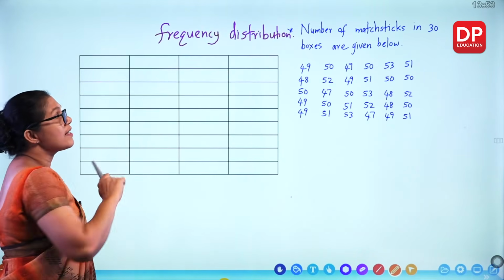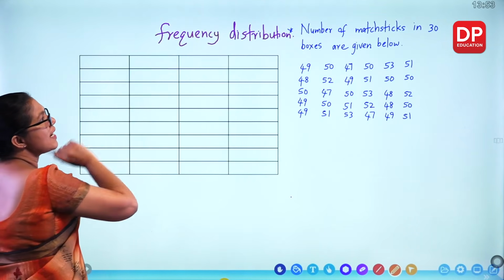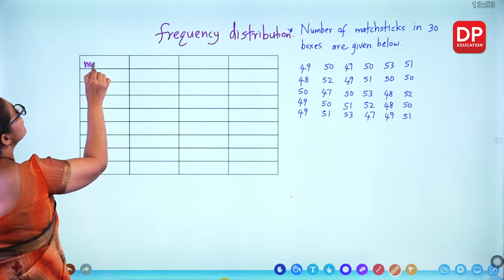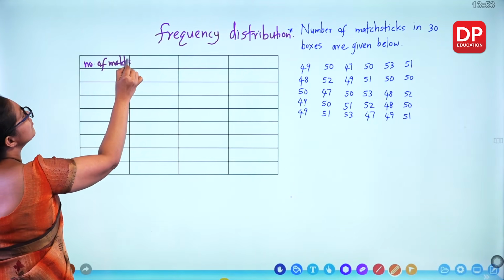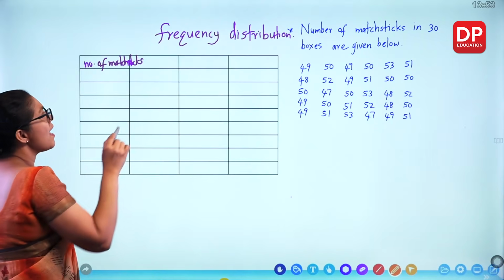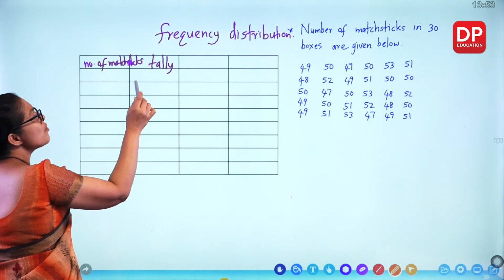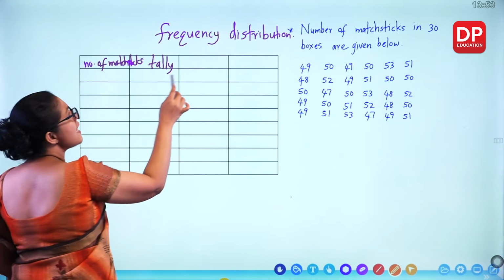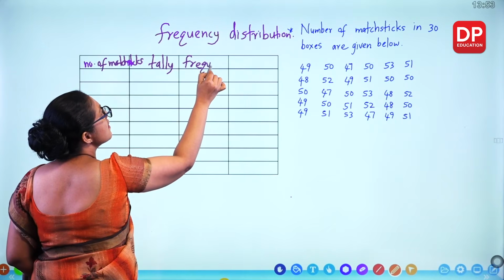Now we can make a frequency distribution. So what we do, we take the number of matchsticks and we can count how many matchsticks there are using tally marks. Tally. And when you count all together, the tally marks, that's the frequency.